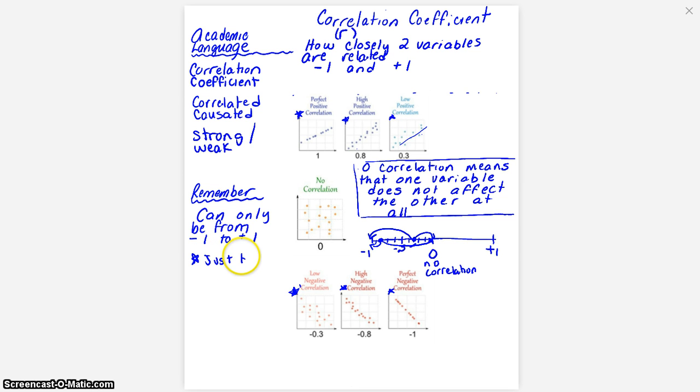Just because the same thing is happening does not mean one variable is causing the other to change.